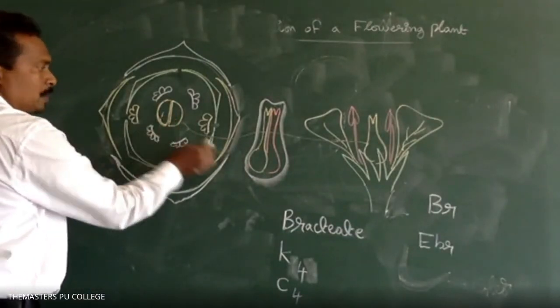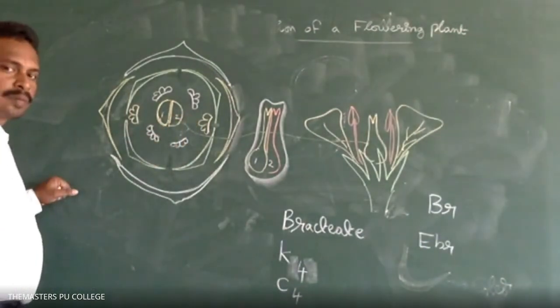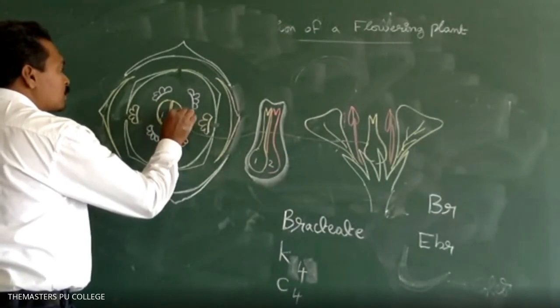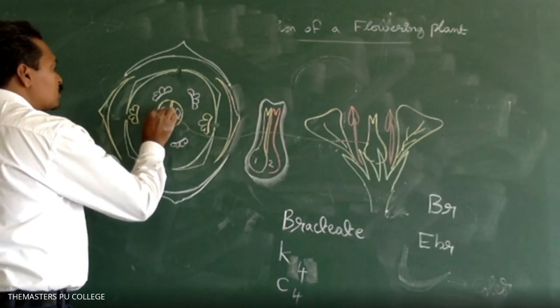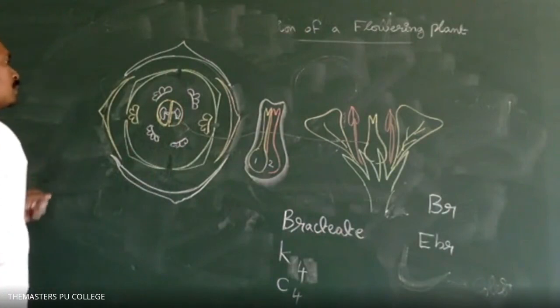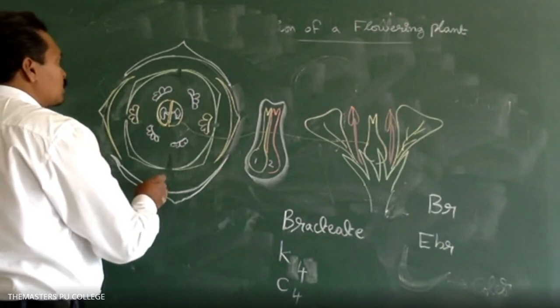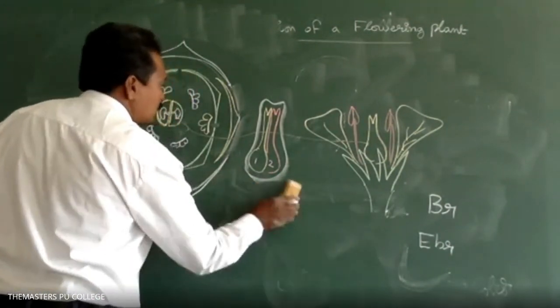This is one carpel and the second carpel, with ovules. Sir, is it monocarpellary or dicarpellary?